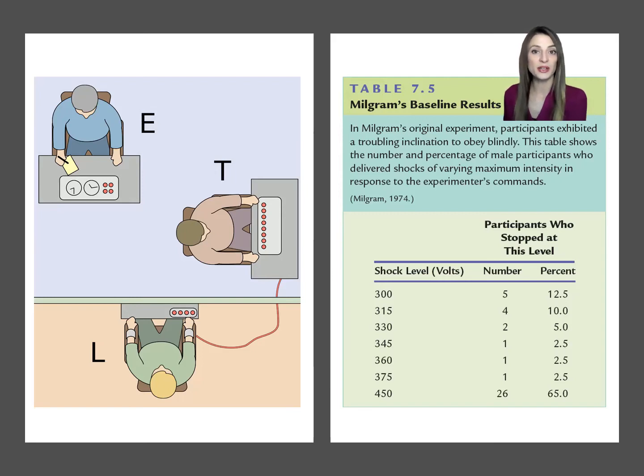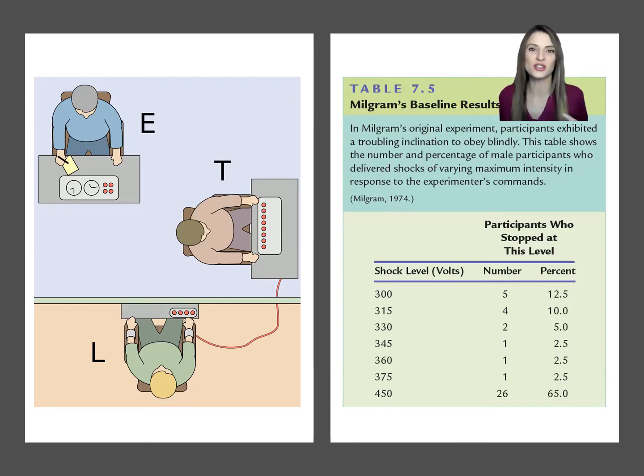After the experimental session, during the debriefing period, some of the teachers reported feelings of extreme guilt, sadness, anxiety. They did not have positive things to say about their participation in the study, what it felt like to be the teacher and to shock someone who had a heart condition.